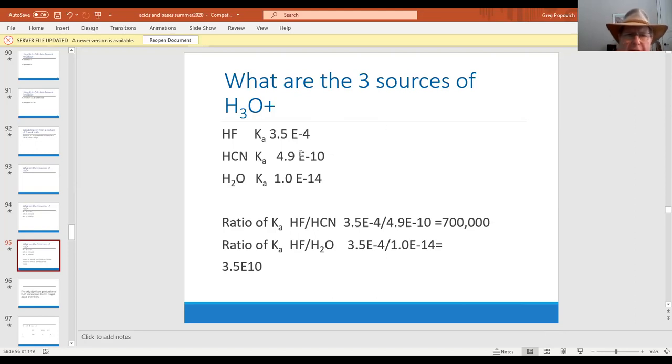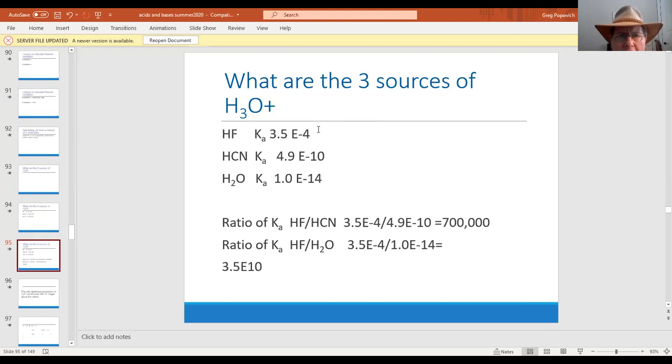To the reactants or to the products? Would it be to the reactants? Because now you have more products. So that means even more that the HCN is not going to generate H3O plus. That means even more that the H2O is not going to generate H3O plus.